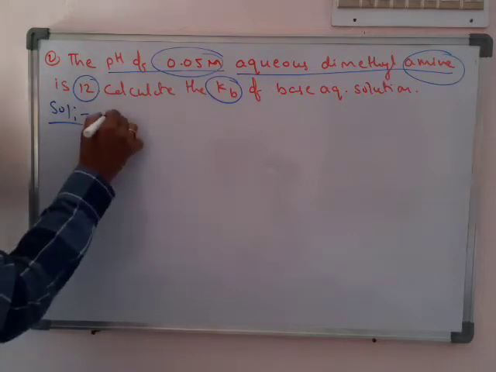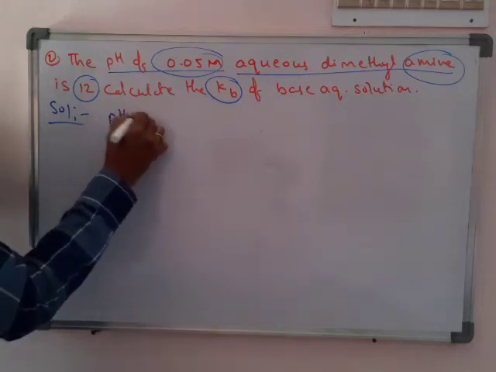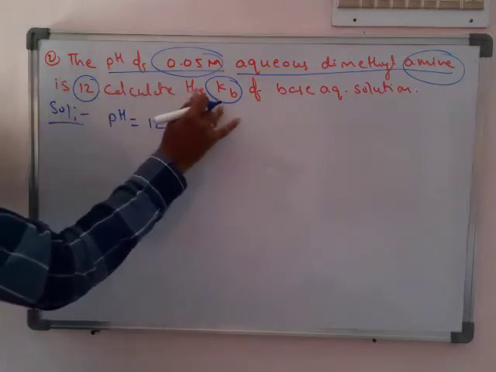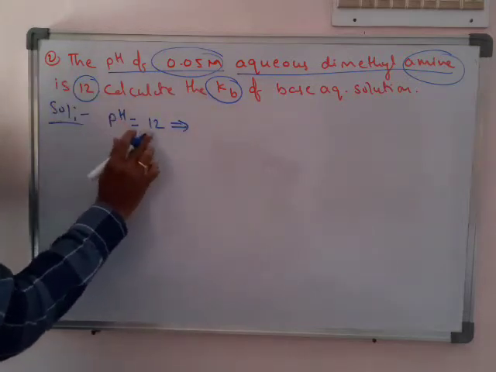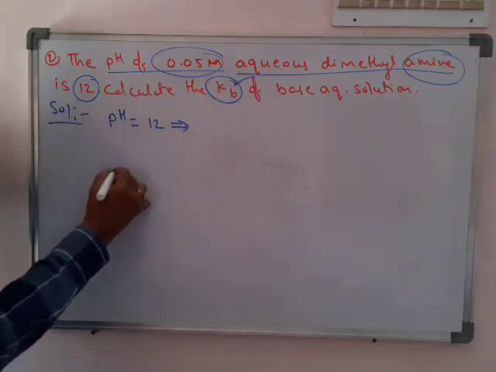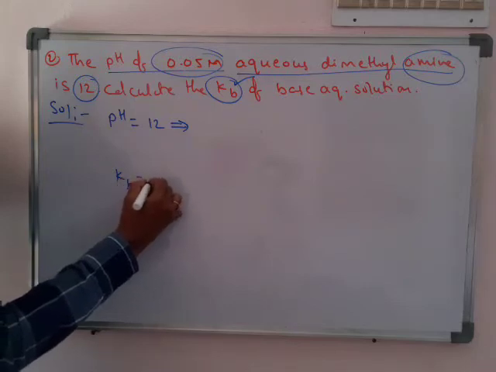Okay. So first we write what is the pH? pH equal to 12. So already we know the pH is given as 12, which means it is a base. We have to calculate the Kb. So what is the Kb formula?